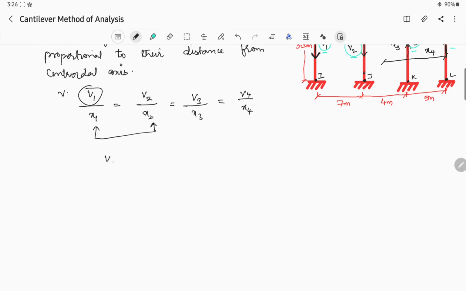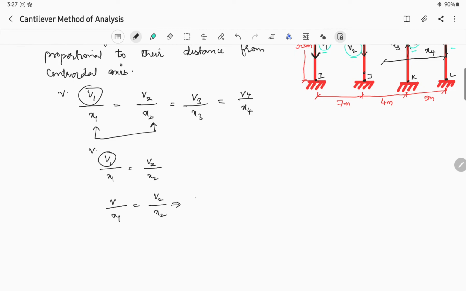Alright, so let us equate each and every term. That is, V1 by x1 is equal to V2 by x2. We know V1 is equal to V, so V by x1 is equal to V2 by x2.